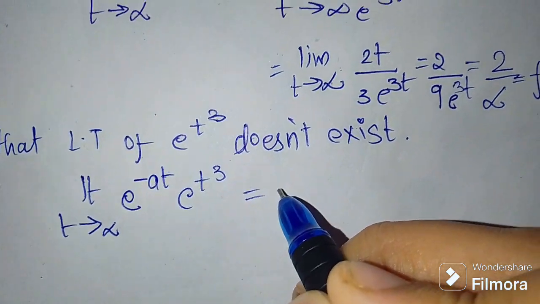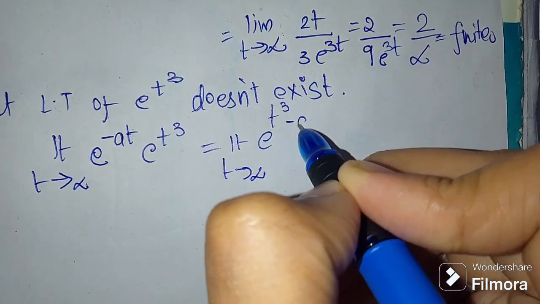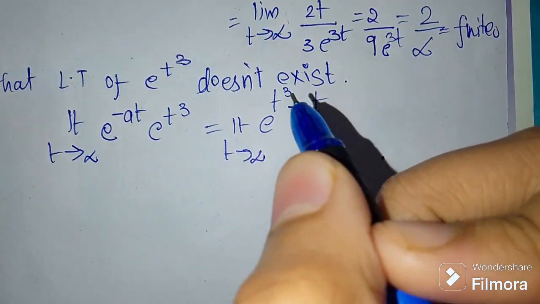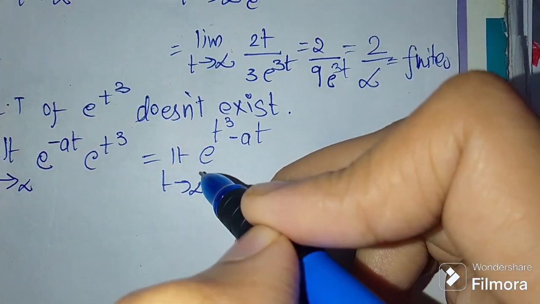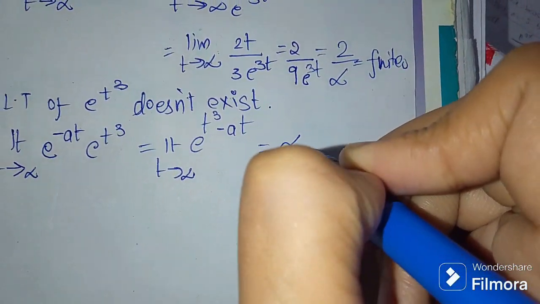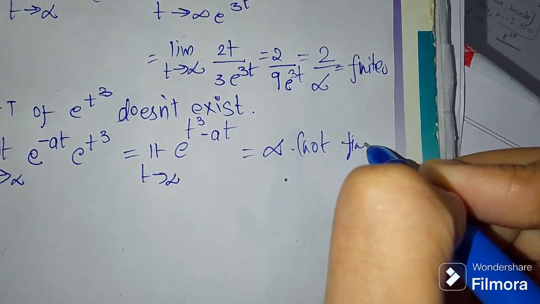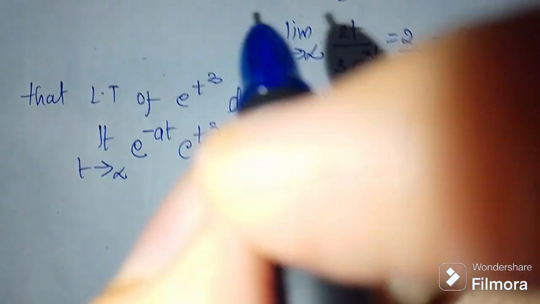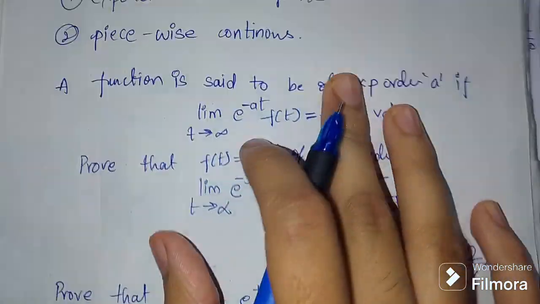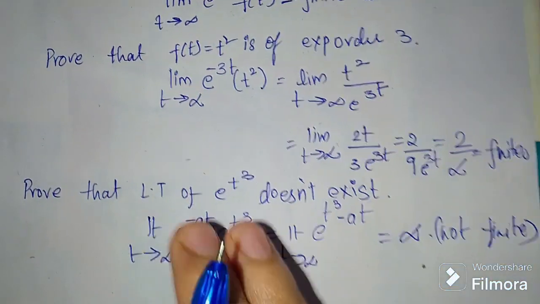That is equal to limit t tends to infinity e power t cube minus at. We can substitute infinity in place of t and clearly we get e power infinity, which is infinity, which is not finite. So we cannot find the Laplace transform of this function because the exponential order is infinite. This you should remember, this is the necessary condition for a function: if you have to find the Laplace transform, it should have finite exponential order.